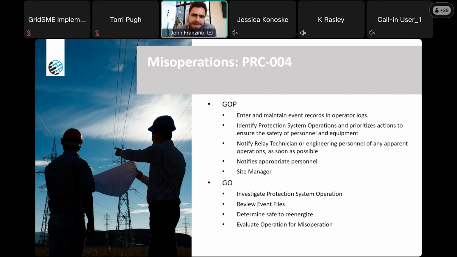And then typically, but not always, it depends on how contracts and O&M agreements are set up and whatnot, it's going to be the GO's responsibility to actually conduct that investigation on the protection system operation, and then eventually make the call and decision on whether or not it was a misoperation. And then, if it is a misoperation, again, we're going to be leading into the corrective action plan that needs to be documented and carried out within 60 days of identifying that a misoperation occurred.